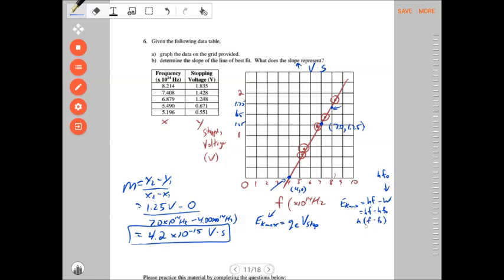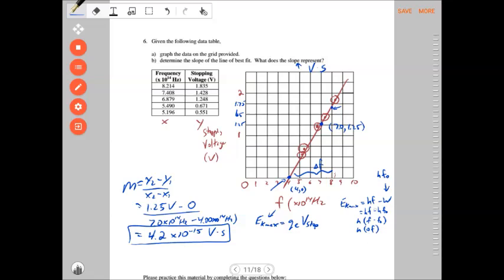Now remember, the frequency minus the threshold frequency, guys, is simply a delta F, or a change in frequency. Funny how on a graph, from this point up to that point, that is your delta F. So that is simply your x coordinates.